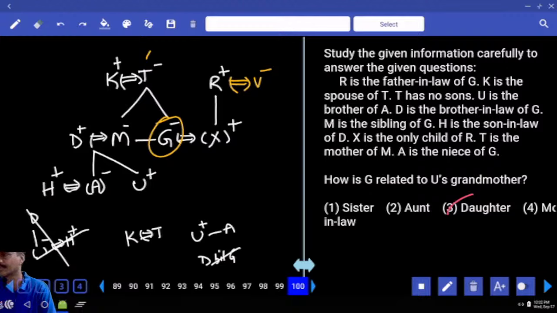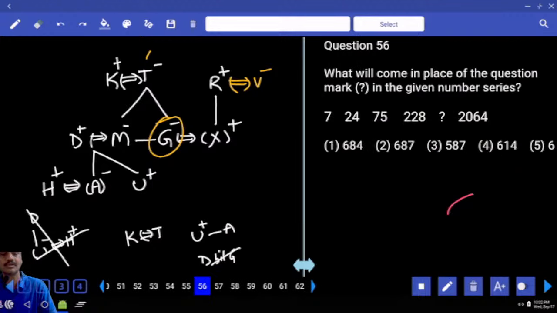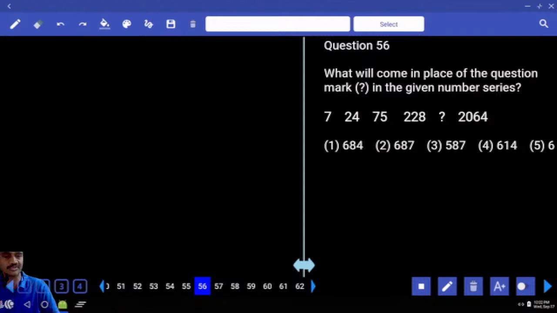The next one, number series. Now in this number series 56 onwards, the numbers starting with 7 increase up to 2064, and the numbers are increasing at a very fast rate.